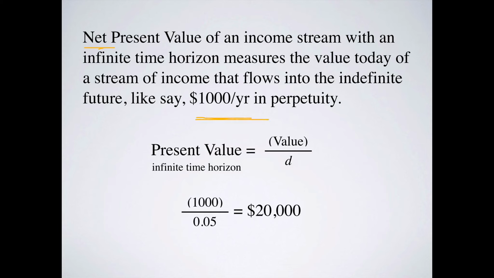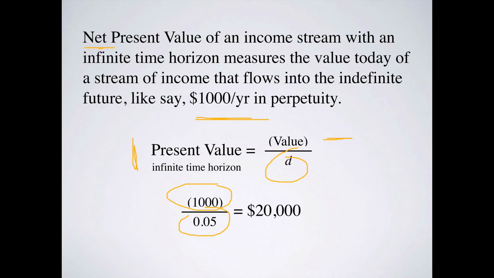What's that worth right now? To do this, we use a pretty simple formula. We take the value of that income stream and divide by the discount rate, little d. So in our example, the income stream is $1,000, and we simply divide that by 0.05 and we get $20,000.